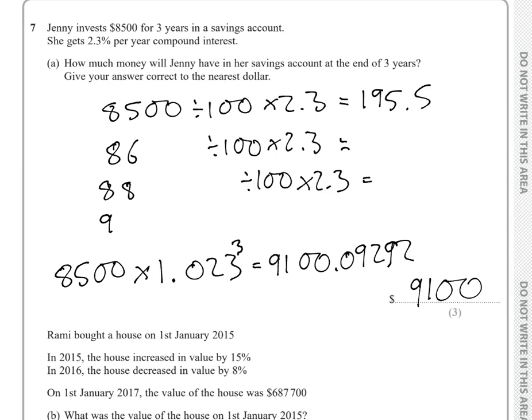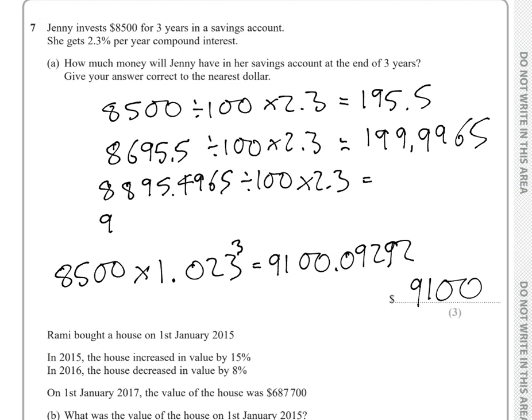8695.5, $199.9965. Add that on. 8695.5 is 8895.4965.